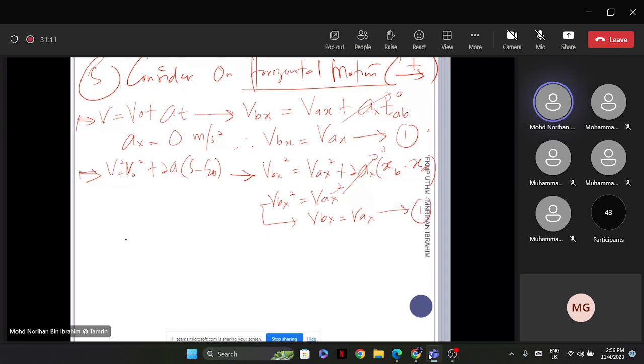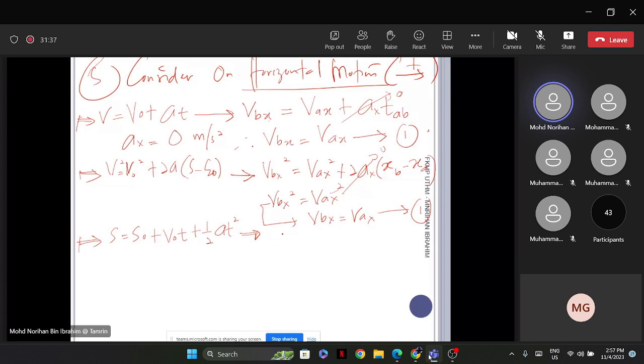Bolehlah letak satu dulu. Then we need to consider the third equation, s is equal to s naught plus v naught t plus half at to the 2. Consider everything in the x component, in the horizontal direction or horizontal motions.